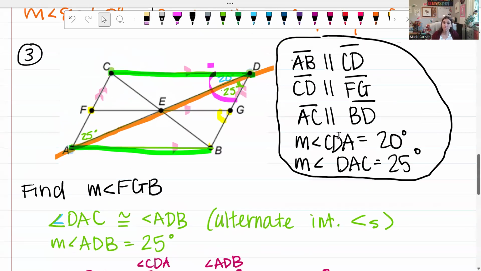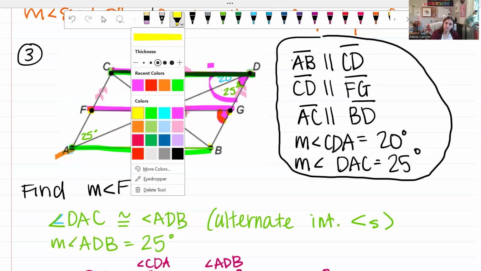Now I know this angle measure that I just highlighted in purple here. This is 45 degrees. And remember that that angle is congruent to angle FGB because line FG and CD are two parallel lines that have been intersected by the transversal BD.